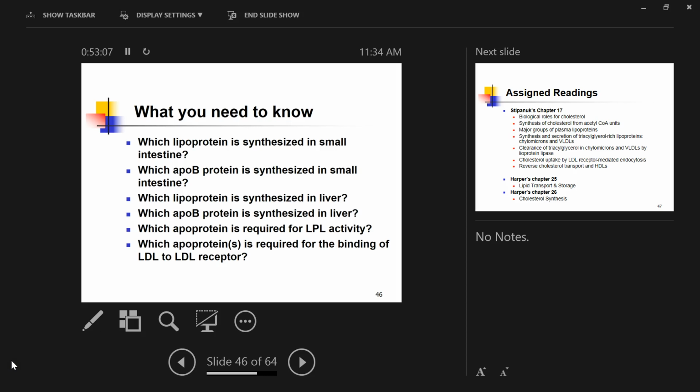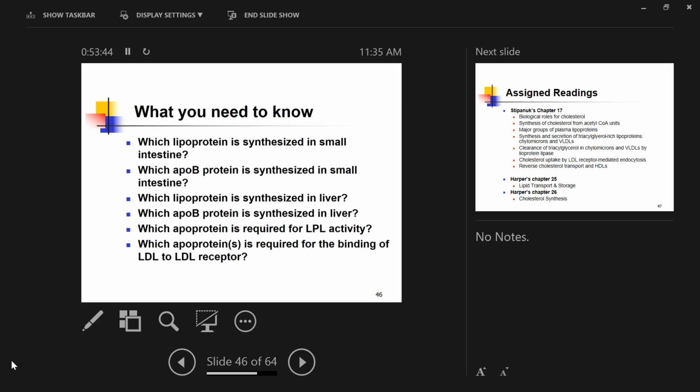Which lipoprotein is synthesized in the small intestine? Good. Yes, chylomicron. Which ApoB protein is synthesized in the small intestine? B48. Yes. Okay. So which lipoprotein is synthesized in the liver? VLDL. And which apoprotein is synthesized in the liver? B100, right?